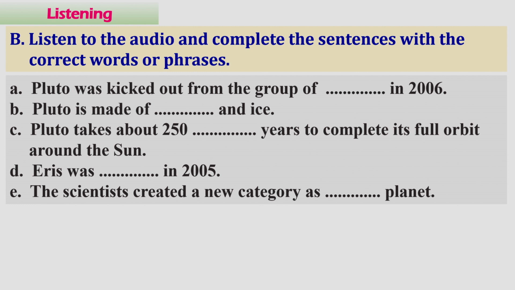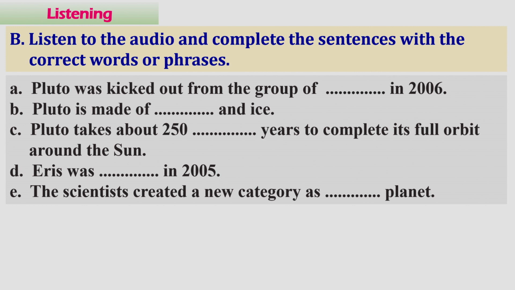Smaller than Earth's moon, it is not even as wide as the United States. Pluto is made up almost entirely of rock and ice. It is so far away from Earth that the NASA New Horizons spacecraft took almost 10 years to get very close to it. Pluto's full orbit around the Sun lasts almost 250 Earth years.